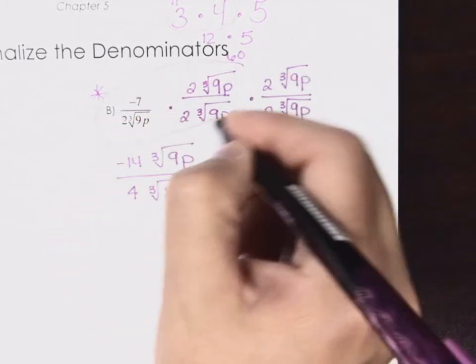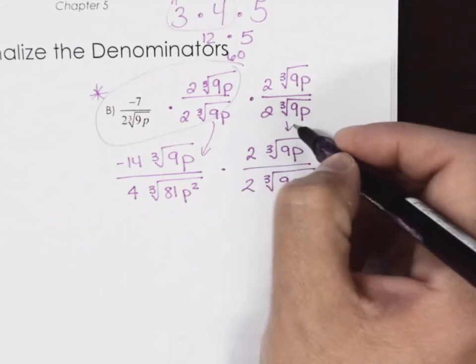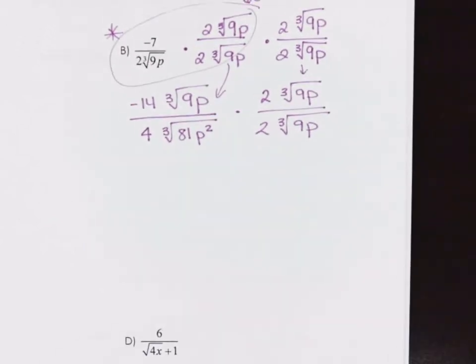So these two combine to that, and then this one just gets written down there. So there's nothing we can simplify yet.